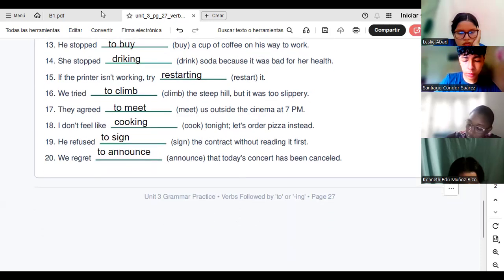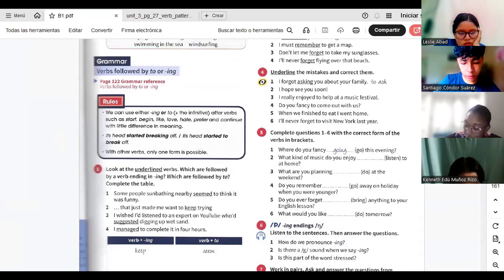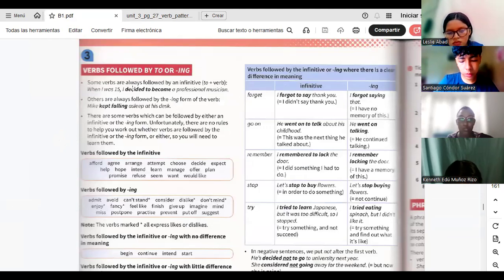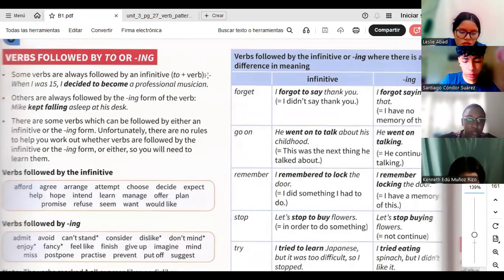Okay, guys, so let's come back to the book, even though I don't like this one. Let's see the explanation. The explanation from the book is on page 120. Give me a moment. So, verbs followed by to or ing. Some verbs are always followed by an infinitive, to plus verb.